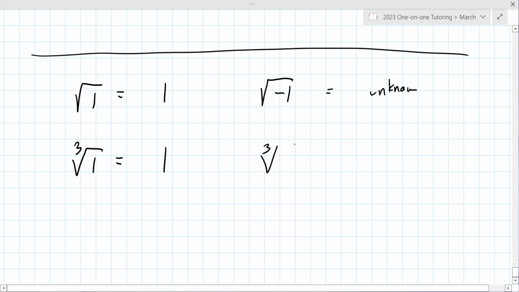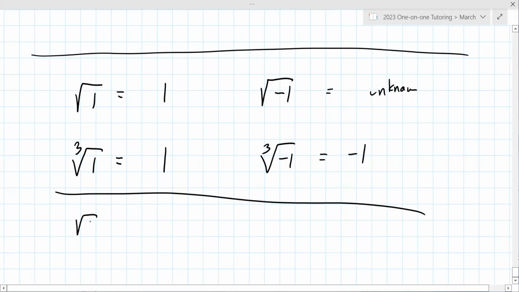But the cube root of -1 is -1. If you look at each of these, they all work. 1 times 1 is 1. 1 times 1 times 1 is 1. -1 times -1 times -1 is -1. But there is no number times itself that gets you to -1. That's where you have to be very careful here.